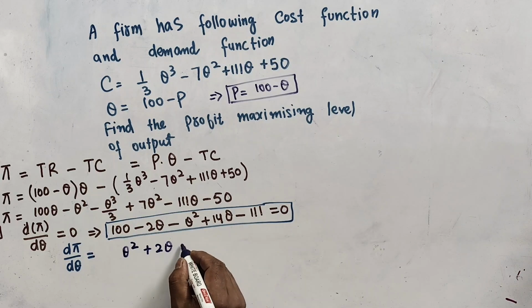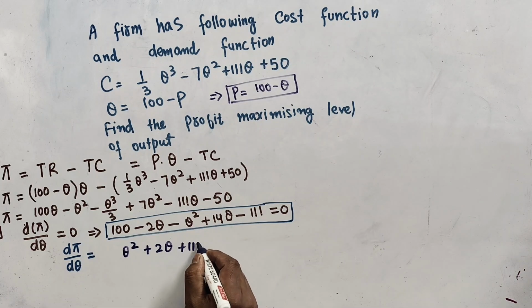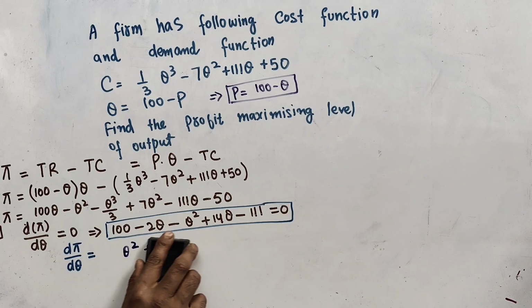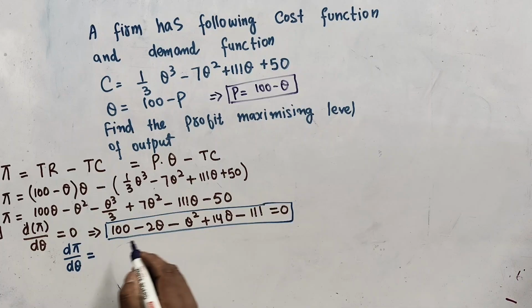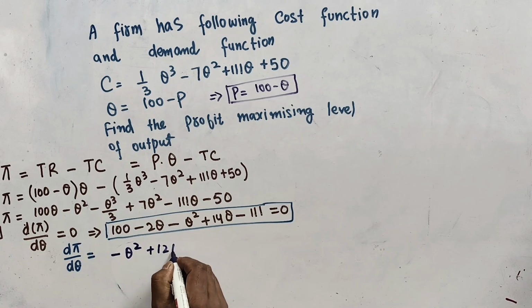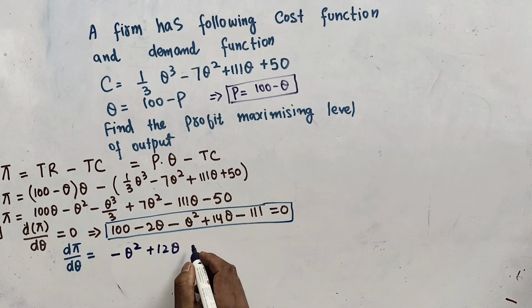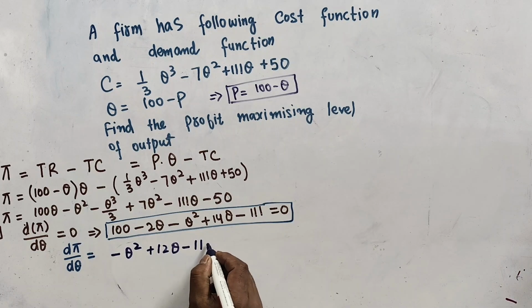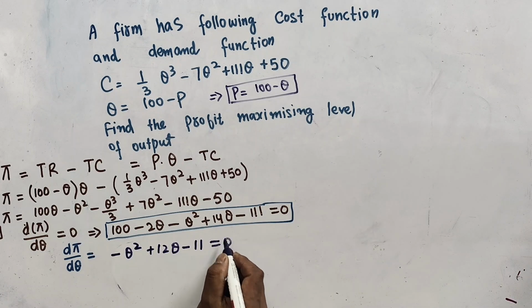So let's write first we have minus Q square, then we have minus 2Q plus 14Q, so it becomes plus 12Q. Then we have 100 minus 111, it is minus 11, and we set it equal to 0.